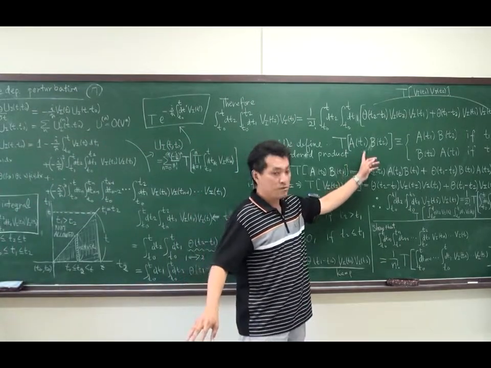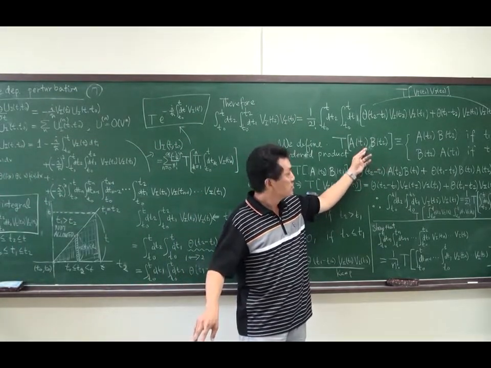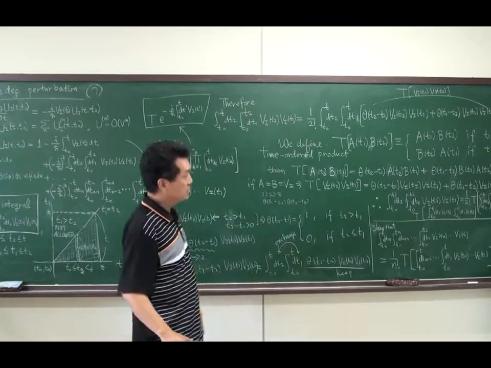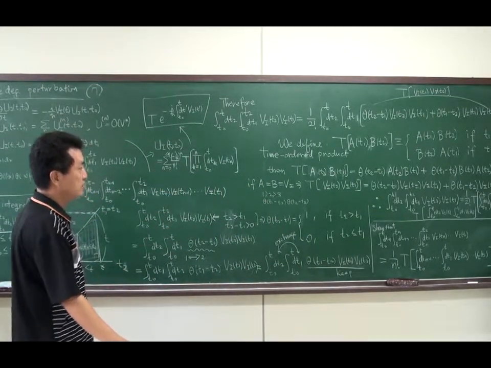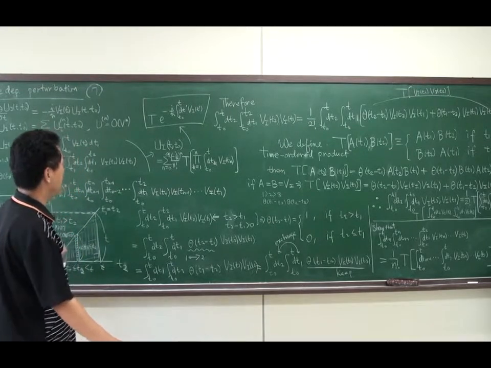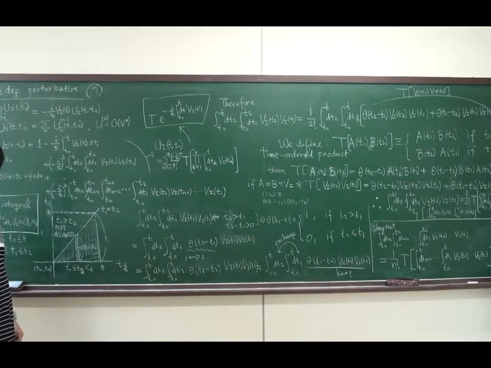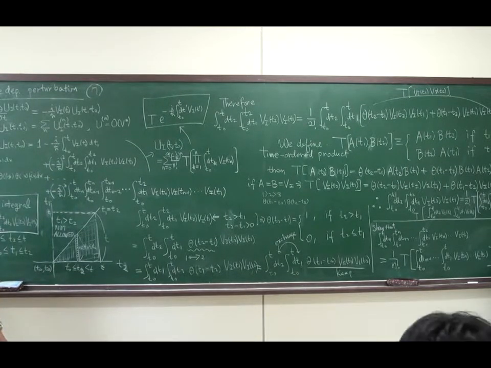For the case of a two-operator product, the time-ordered product is like that, and it is easy to generalize to n operators. Okay, so in the next class we will extend this method. We will apply this method to reproduce Fermi's golden rule.